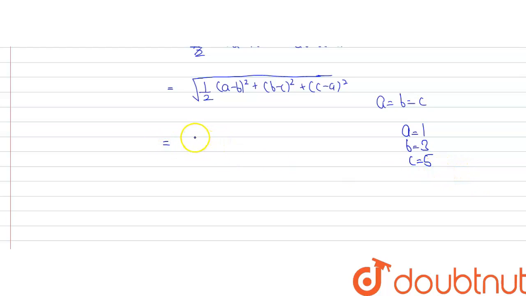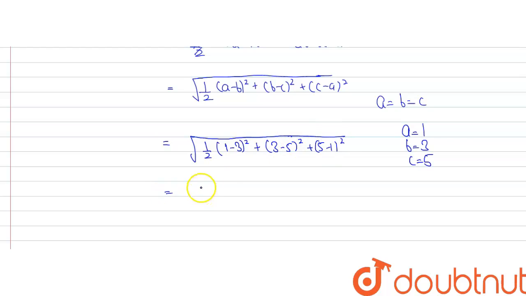So now we'll get under root of half into a minus b, which is 1 minus 3 whole square, plus b minus c, which is 3 minus 5 whole square, plus 5 minus 1 whole square.